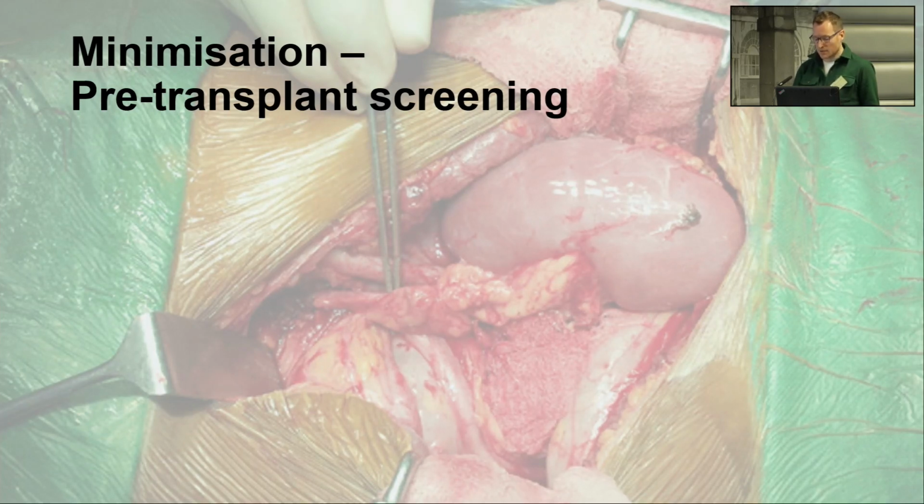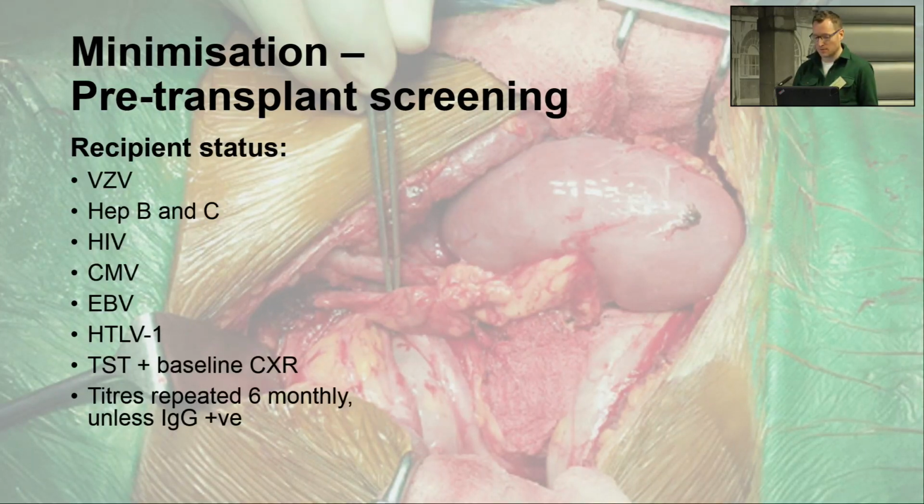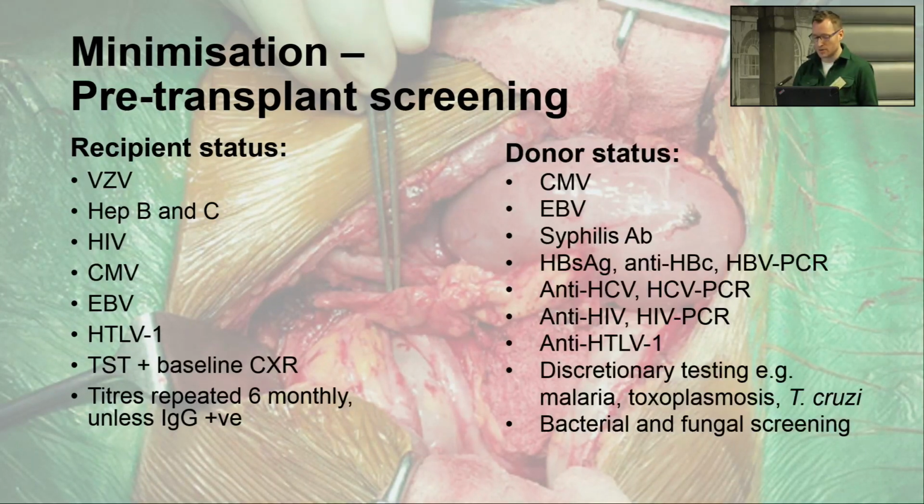So in terms of trying to minimize the risk of infections, we do our pre-transplant screening for the recipient and also for the donor. We touched upon this briefly yesterday. As part of your pre-transplant workup, you want to know how immune the recipient is to various different pathogens, and to make sure they've not been exposed to things like HIV and HTLV1, which is human T lymphotropic virus.